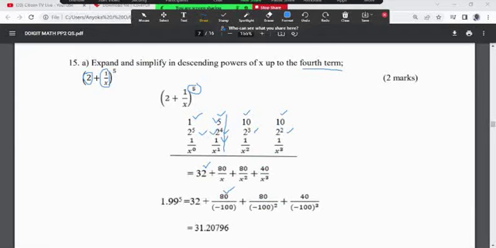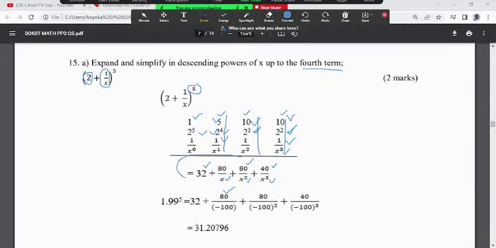Then over x squared, multiply this column: 10 times 2 cubed, which is 8, times 1, 80, divided by x squared. Multiply this column: 10 times 4, 40, times 1, 40, over x cubed.